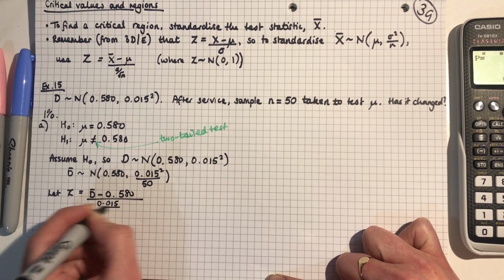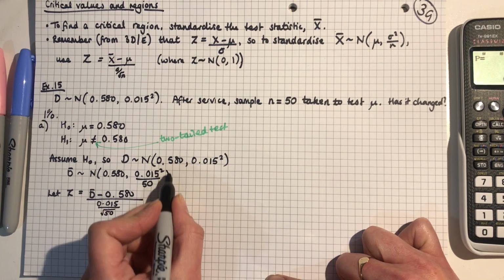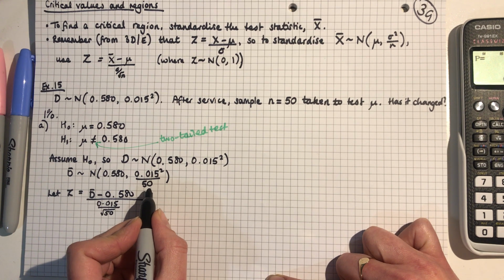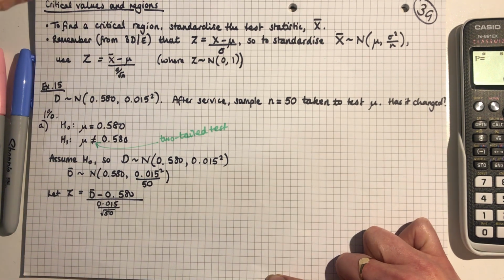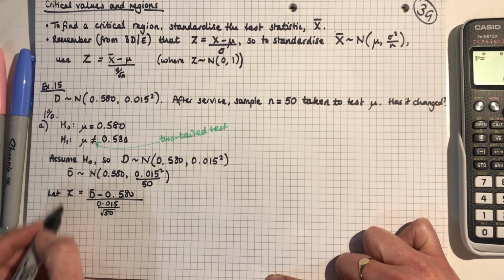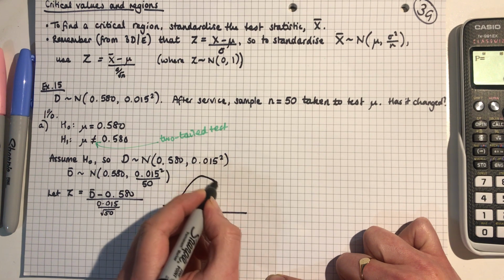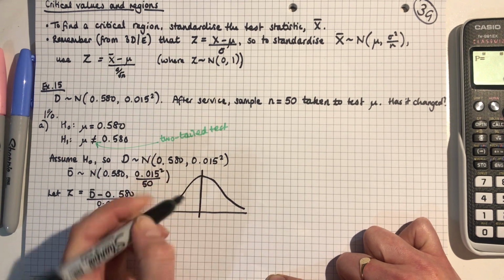So 0.015 over root 50. Remember, it's the standard deviation here, so it's the square root of this value. Now, what we're going to do next is a sketch of what's going on. At this point, we've standardised, so we're going to draw ourselves the standard normal distribution with mean at 0.